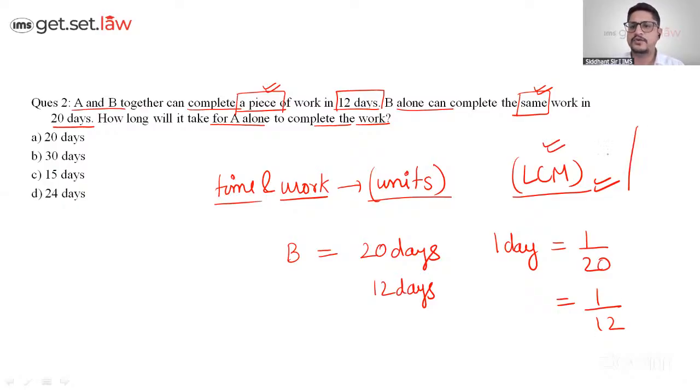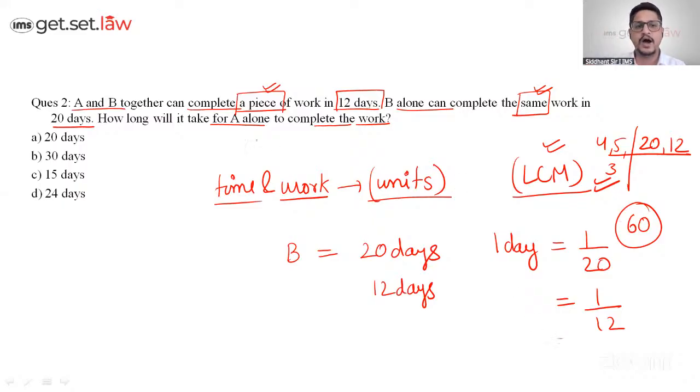I believe everyone knows how to calculate the LCM of 12 and 20. It is divisible by 4, by 5, and by 3, so it comes to 60.